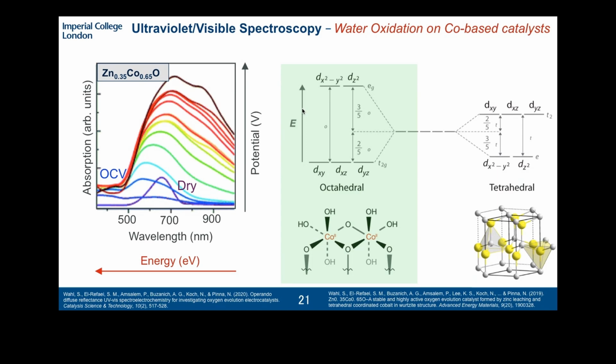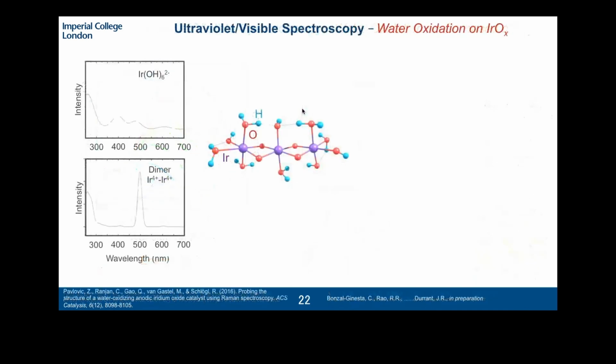The final example I wanted to show was iridium oxide, which is something we've been working on currently. This is a really challenging oxide because it has multiple redox states and it's really difficult to figure out the active site within this material.